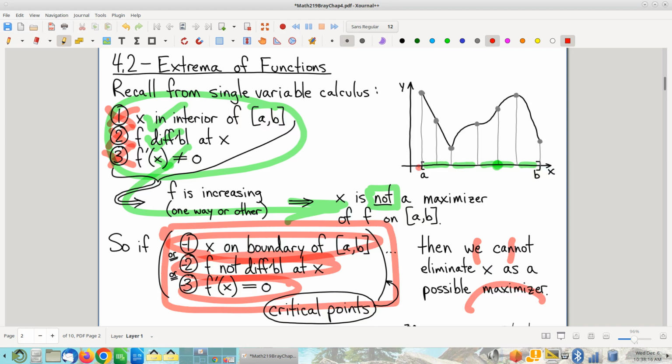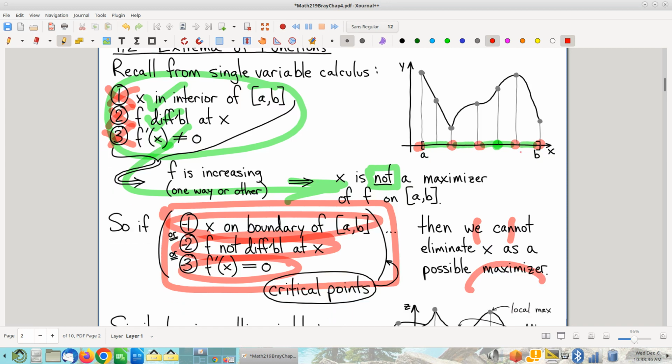So points like this, these are the boundary points. I don't know what's going on there. Points where there's a differentiability issue, points where the derivative is 0. At those points, I cannot conclude instantly that these are not the maximizer we're looking for. So single variable calculus's approach to this situation is to say, all right, well, we're going to call these critical points.